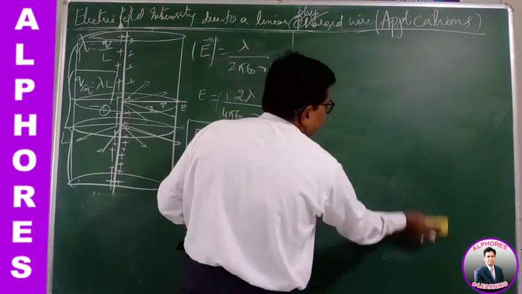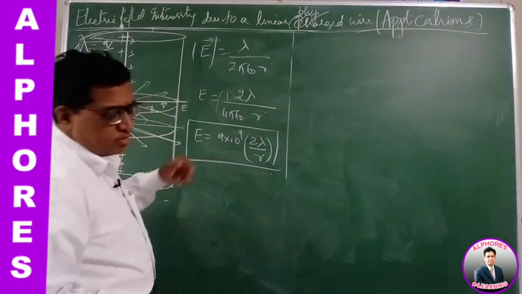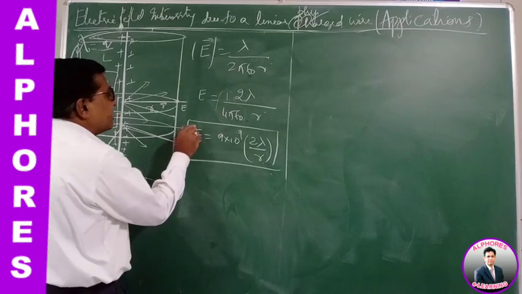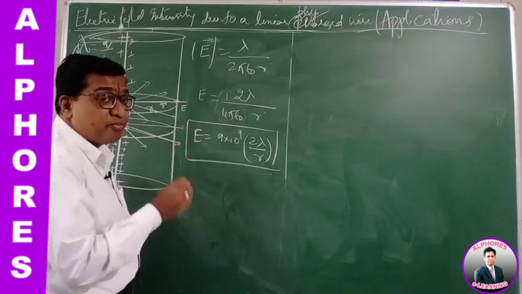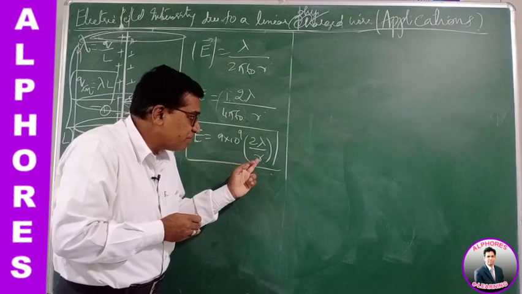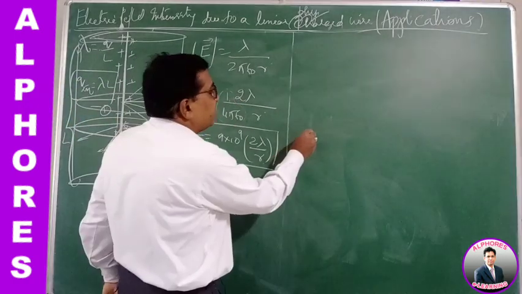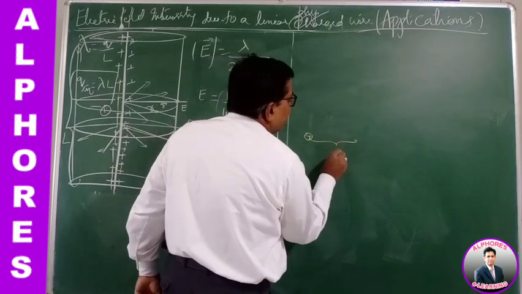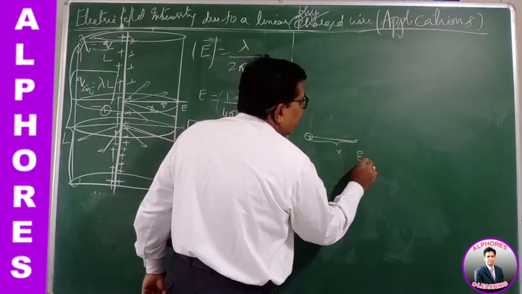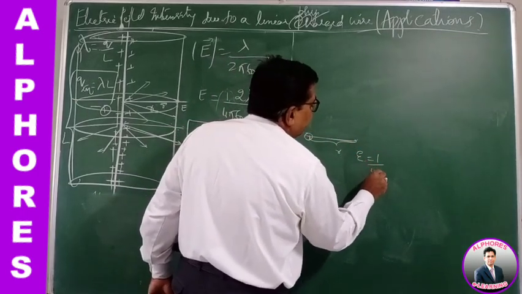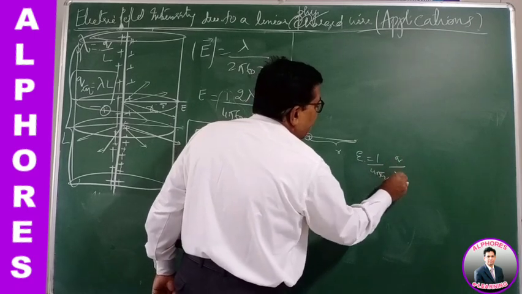Next, coming to this expression, if I represent the electric field with respect to distance, now compare. For a positive point charge, we have derived the formula at a distance r: the electric field is 1 by 4 pi epsilon naught times q by r square.